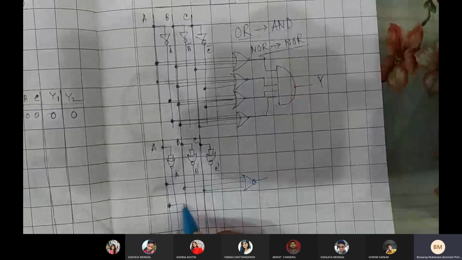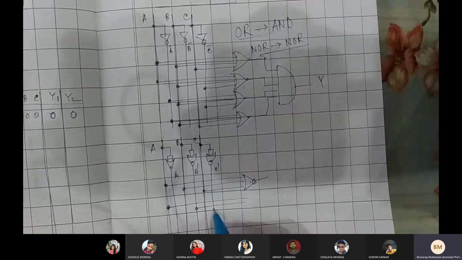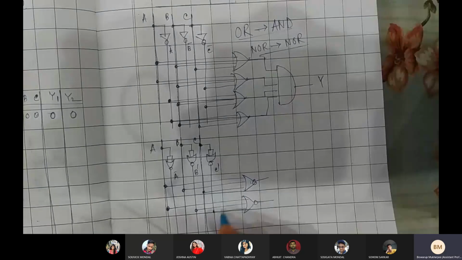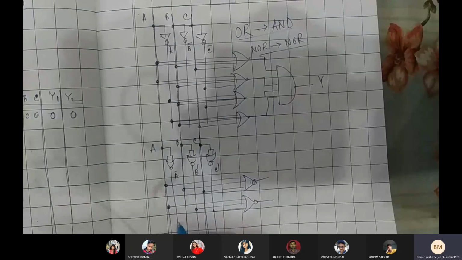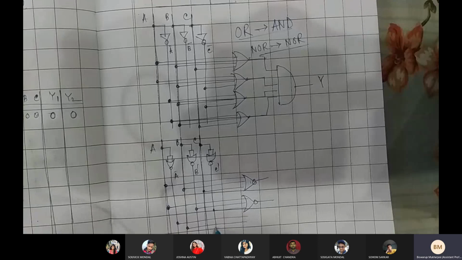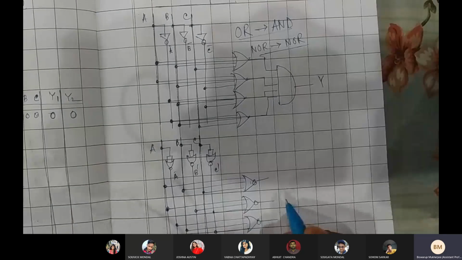So the next one is A plus B bar plus C bar, same as it is. Third one A bar plus B plus C bar. Okay, so A bar plus B plus C bar, again NOR.